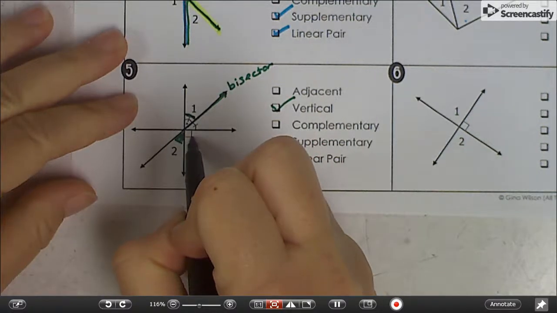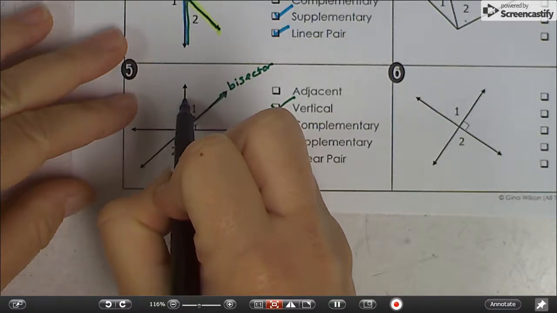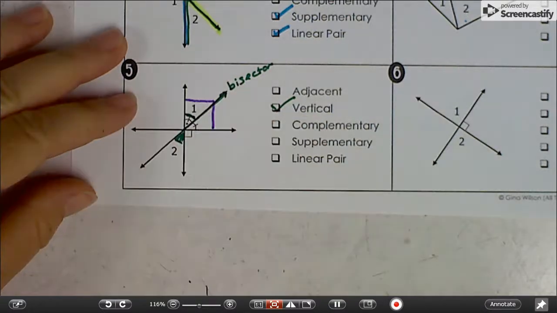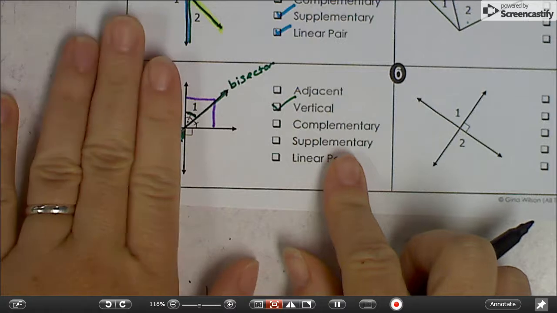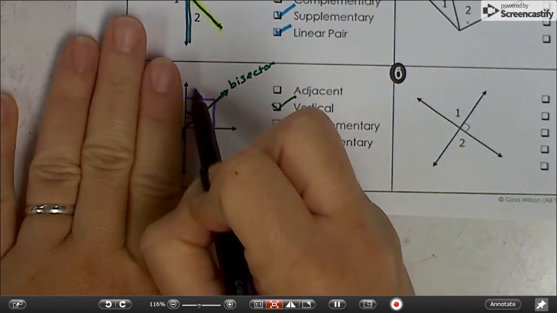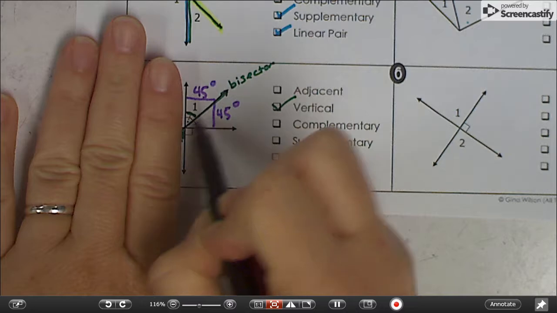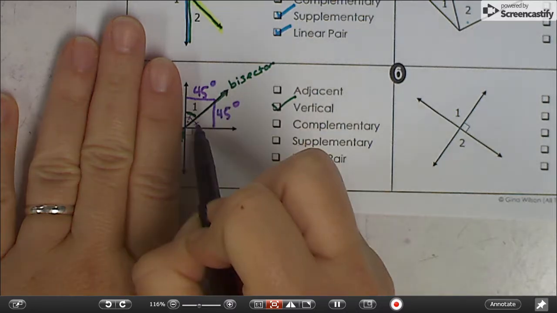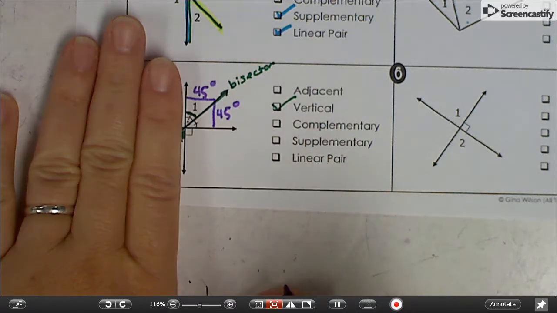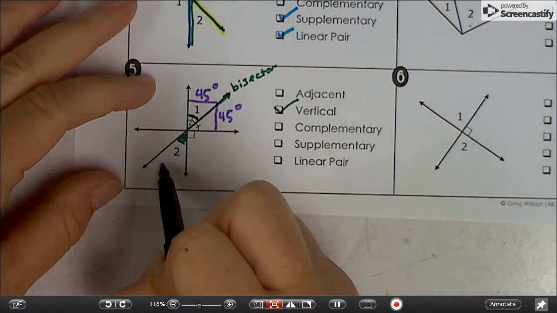This angle is 90 degrees, which means that this angle, I'm going to draw this big, but you wouldn't normally, has to be 90 degrees because they form that straight line together. Because of that, we know that each of these, this one and this one, are 45 degrees because this was a bisector. Those are congruent. It shows right there with those marks. If angle 1 is 45 degrees, angle 2 has to be 45.